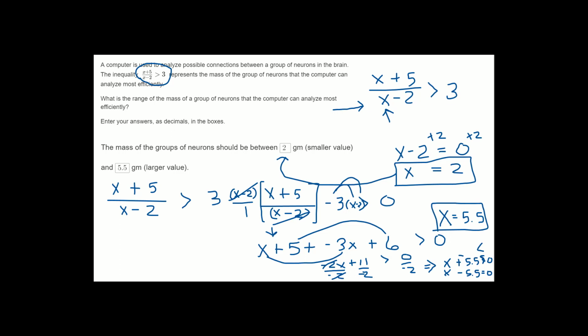So it's going to be an open circle. So that's where we got those two numbers, 2 and 5.5. You put the smallest one first and then the next one. So that's going to determine on our number line where those intervals are.